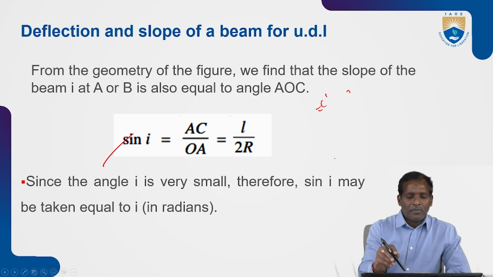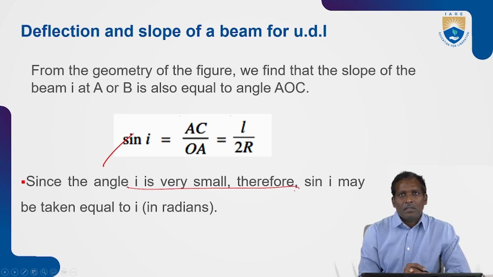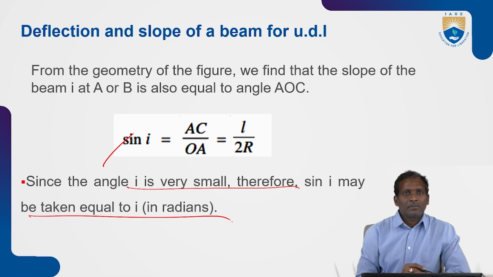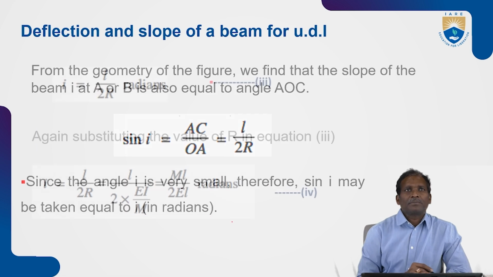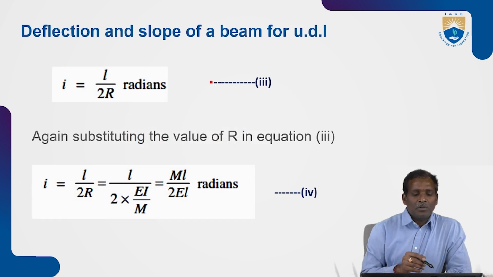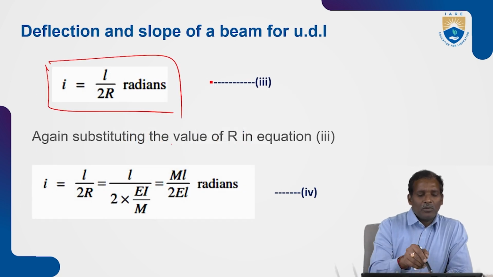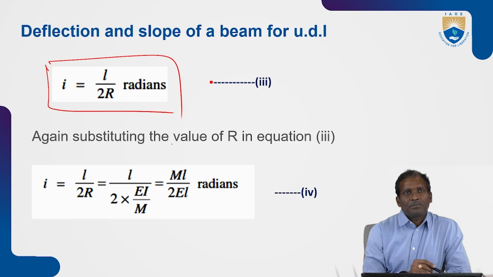Since the angle I is very small, sin I may be taken equal to I radians. So I is equal to L by 2R radians.